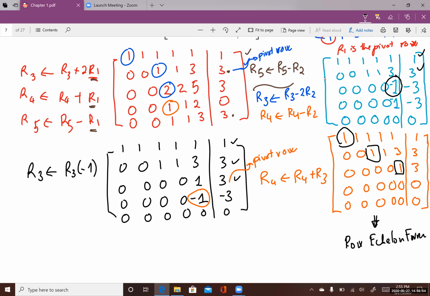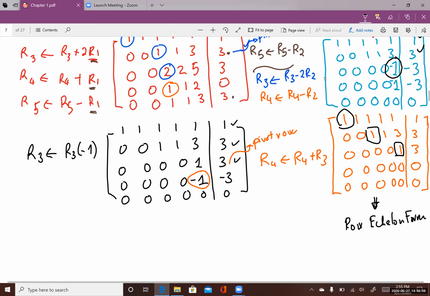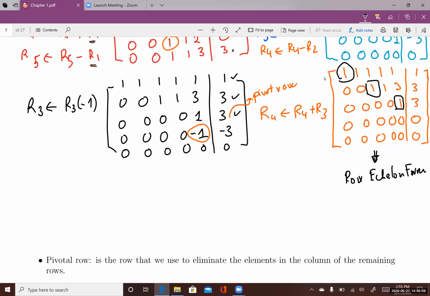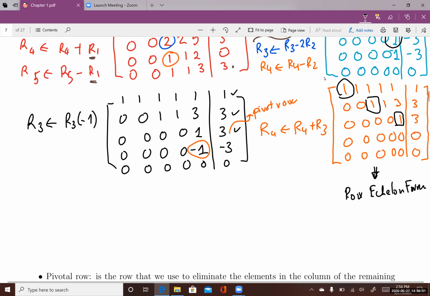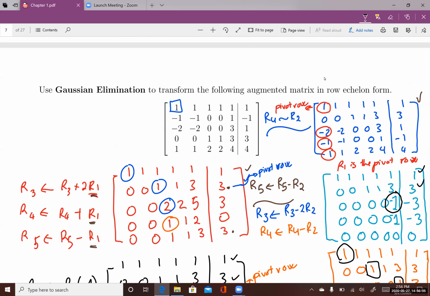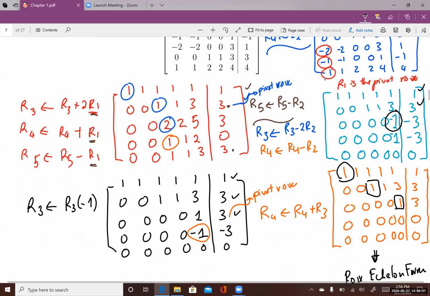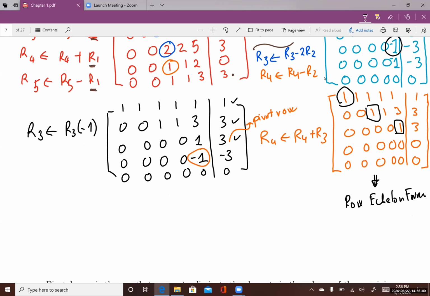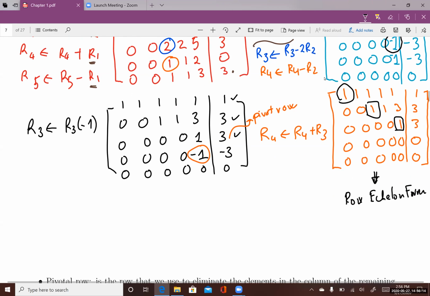Okay. So now, since the matrix is in the row echelon form, and again, our goal is to solve this linear system, right? Well, once you transform it into the row echelon form, you can solve it.